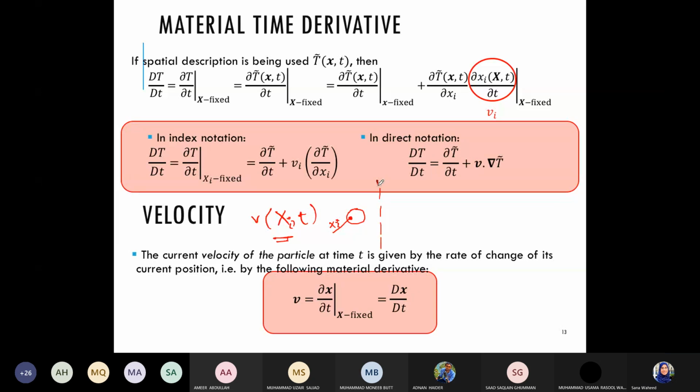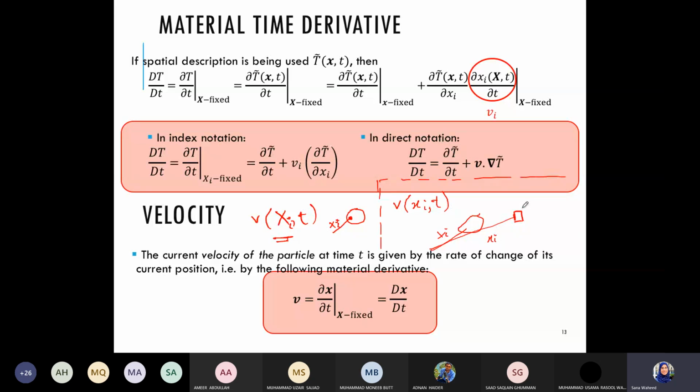Whereas consider if the velocity field were given in terms of small x. In this case, what does this mean? It means that if I fix a small x, even though the original body is here, I've chosen a small x which is, just for illustration purposes, somewhere here, and I'm looking at what the velocity is at small x at time t equals 3.